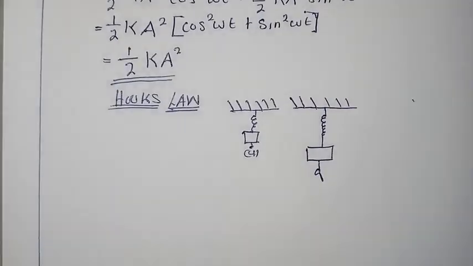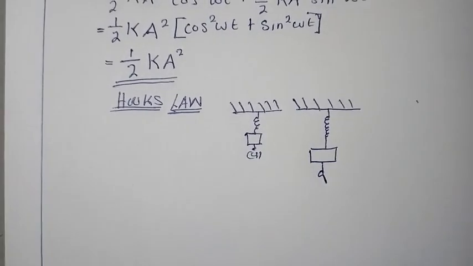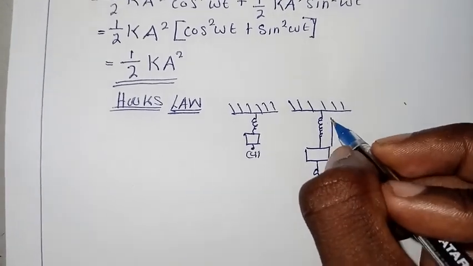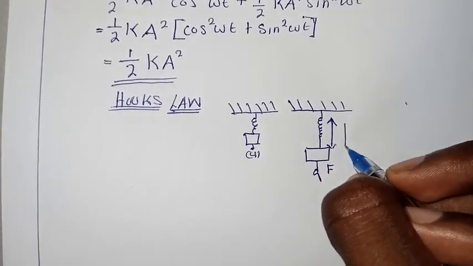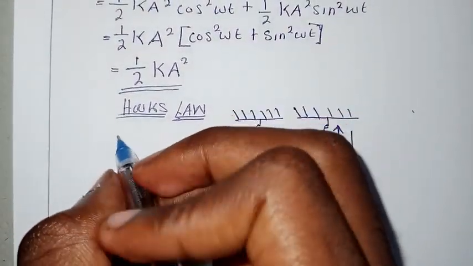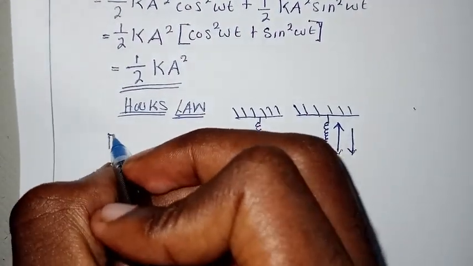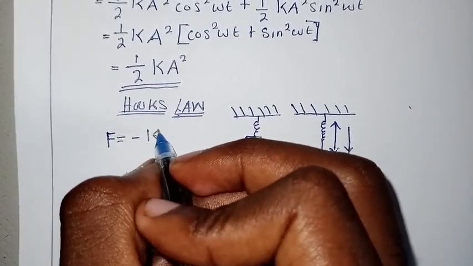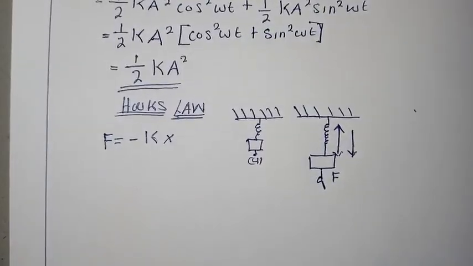You apply a force here. You expect this one to stretch. You are applying a force here, but the distance is increasing downward. Therefore, the formula for Hooke's law is simply F equal to negative K X.